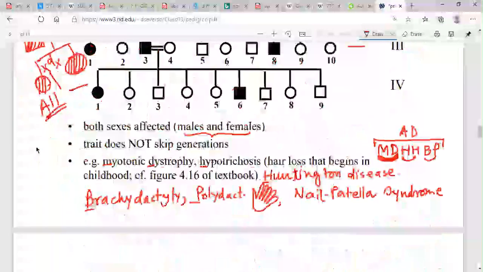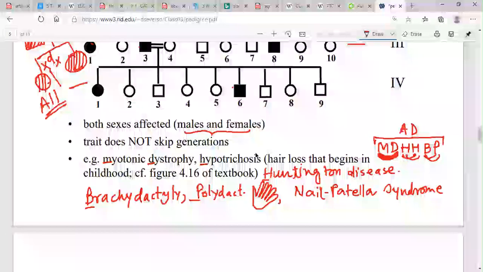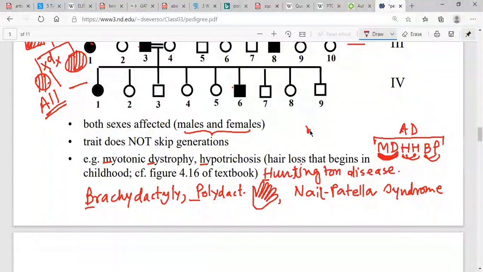Next one, examples of autosomal dominant are MD, HH, BP. That we have to remember for exam purposes, like polydactyly, more than 5 fingers, Huntington disease. So it will be inherited by the autosomes. What are autosomes? Like first chromosome, third chromosome, fifth chromosome. These are autosomes, not XY.